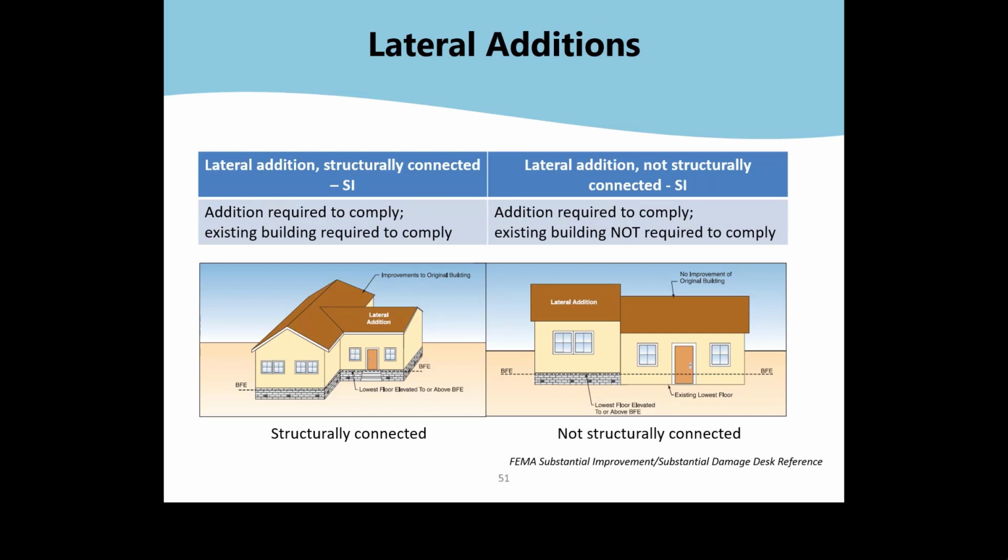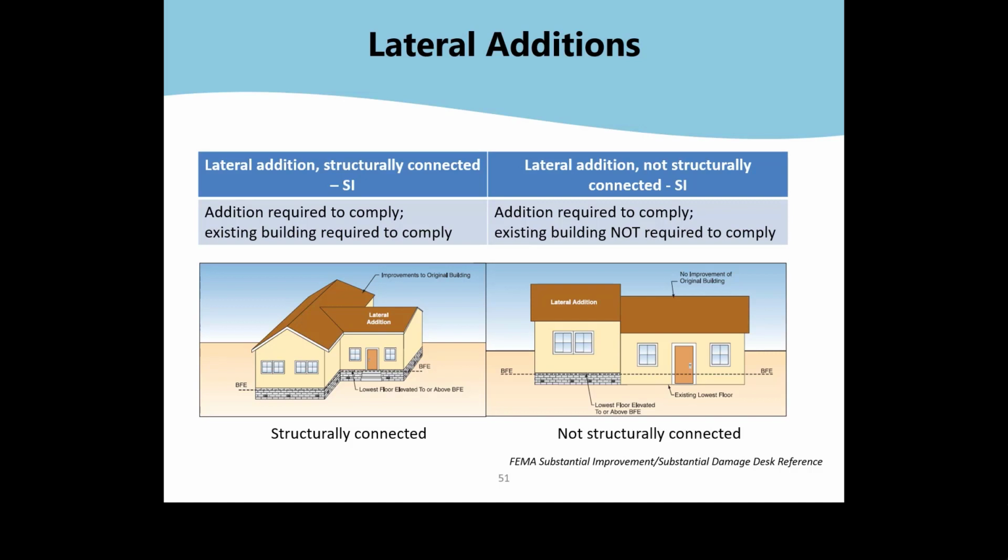For lateral additions, there are two different scenarios here. On the left, you have a situation where the lateral addition is structurally connected to the original building. So the load-bearing structure of that addition is connected to the load-bearing structure of the original house.